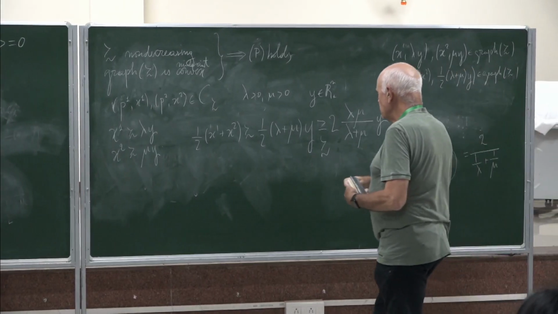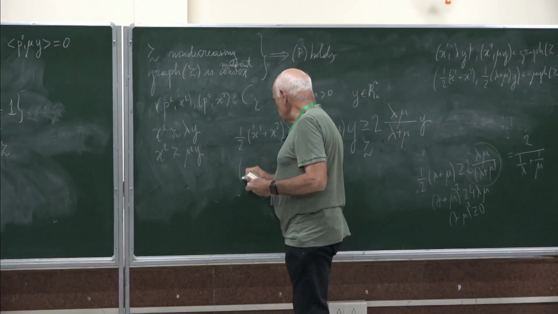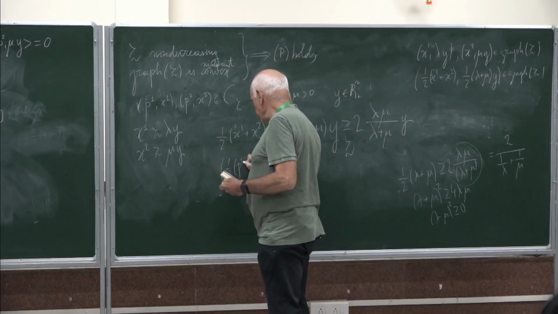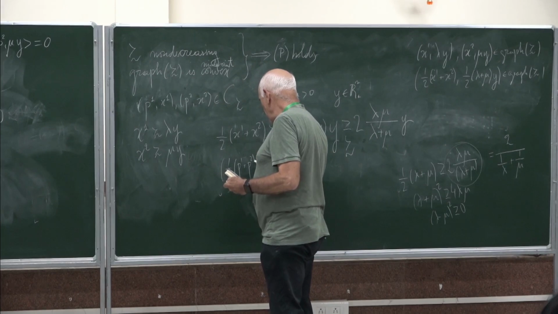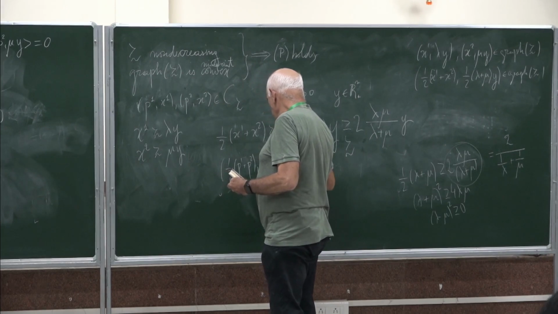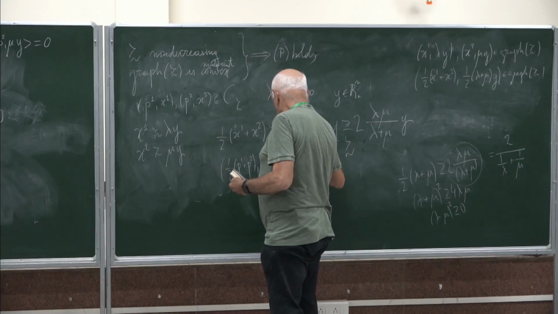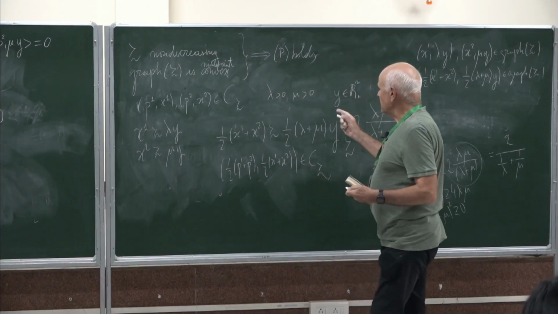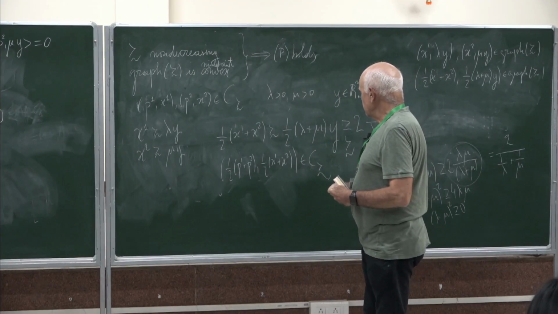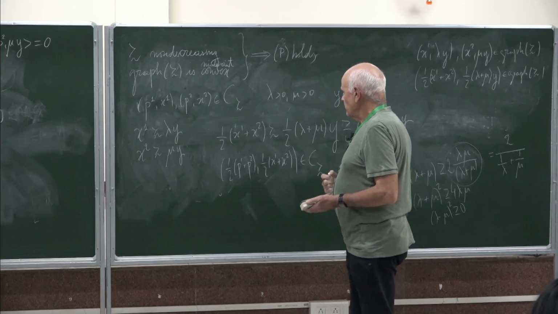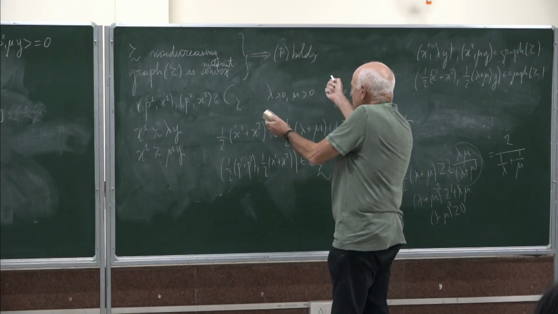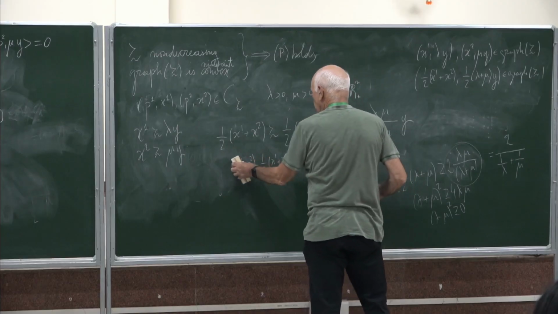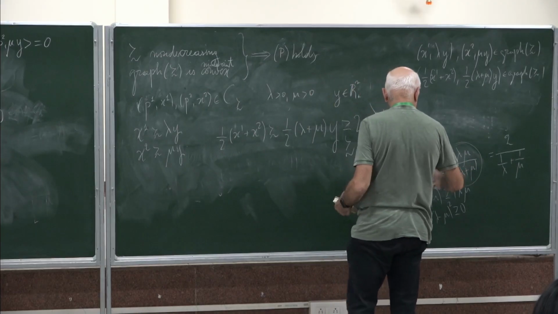So this shows that the pair 1/2 (P1 plus P2), 1/2 (x1 plus x2) is in our set C. So our set C is convex, but actually we just needed to know that the property P holds, and this was already proved here.